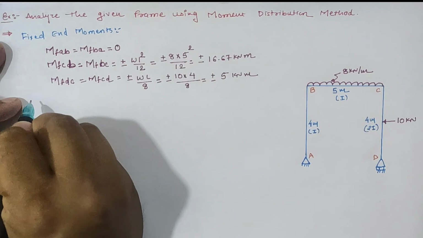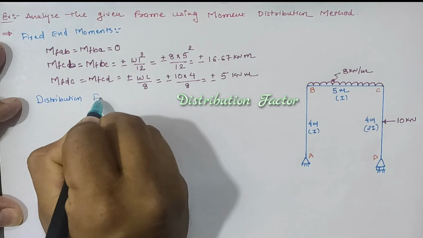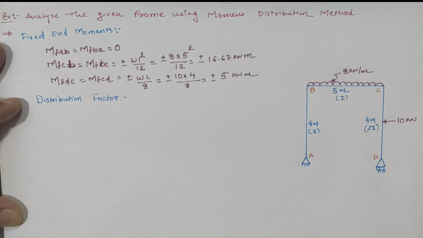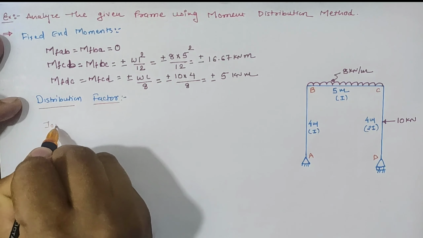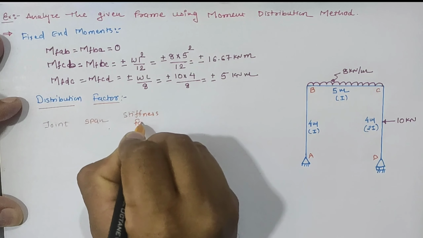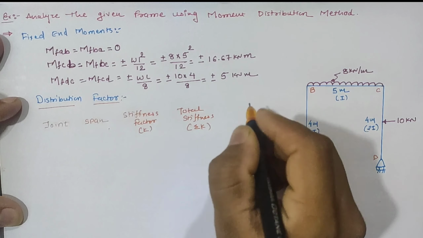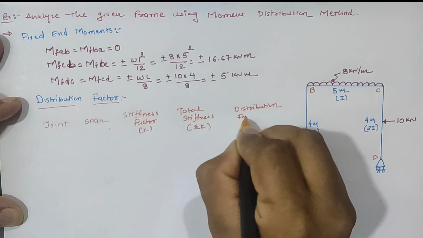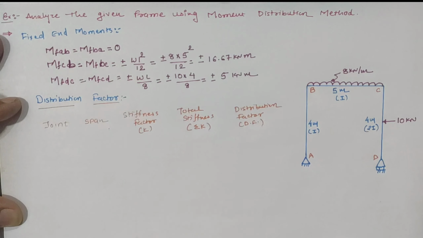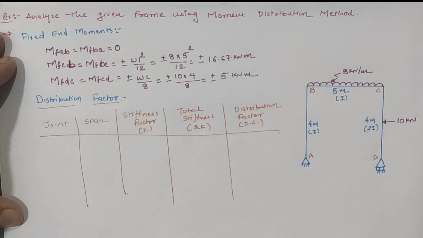Second step for the solution of moment distribution is to find out the distribution factor, through which the unbalanced moment is going to be distributed among the different spans. Now the distribution factor is calculated at intermediate joints of the given frame.